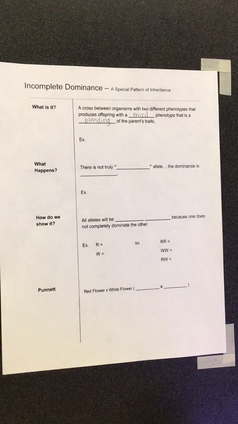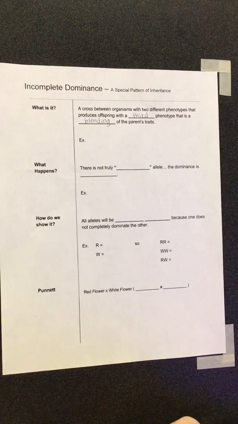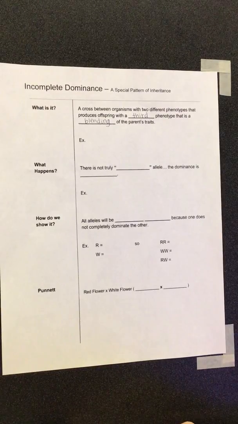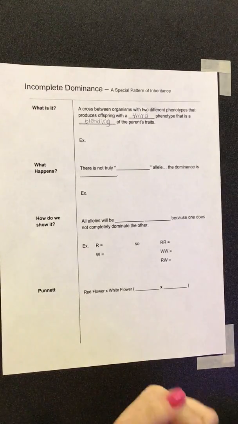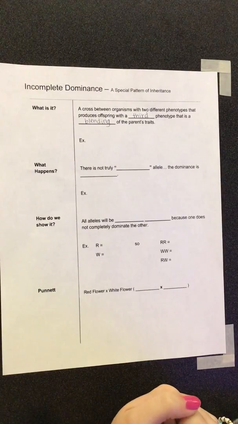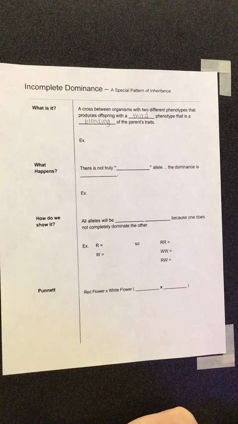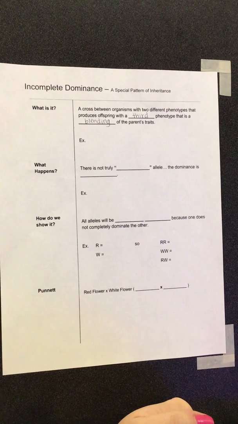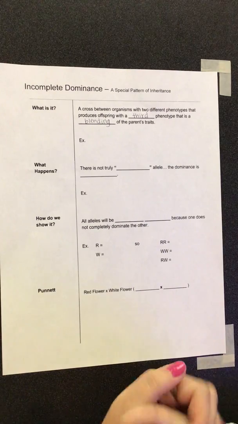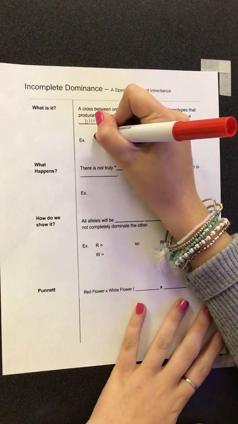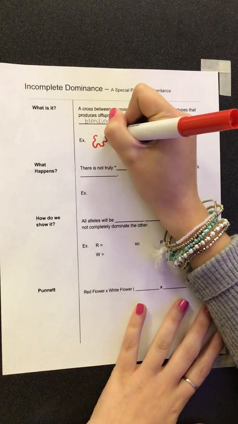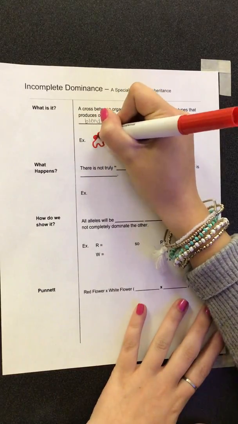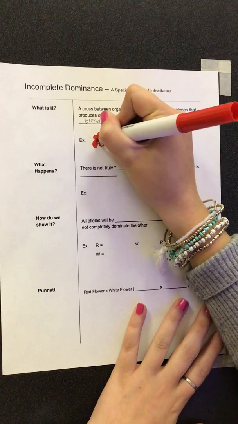If codominance is sprinkles, where you mix sprinkles and they stay the color that they are, they're just there together, then incomplete dominance is like paint. If you take a can of red paint, I can't really draw paint, so I'm just going to draw it like a paint splatter.